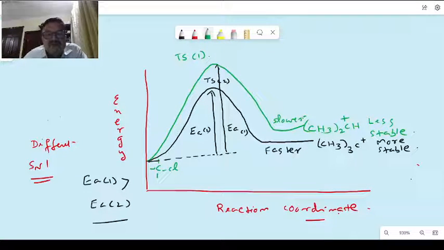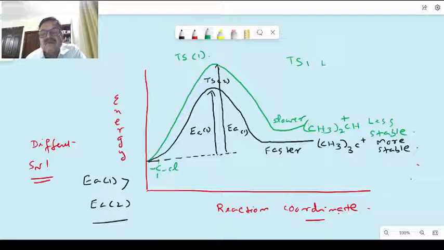Okay, so this TS2 is more stable, TS1 is less stable. That is, transition state 1, TS1, is less stable compared to transition state 2, TS2. It is a more stable transition state here.